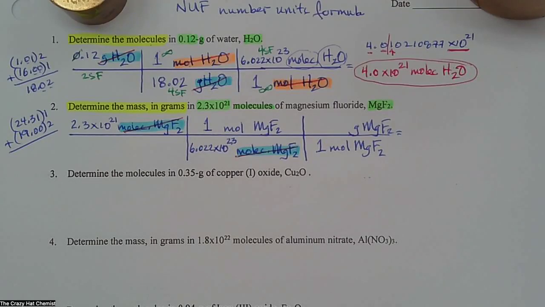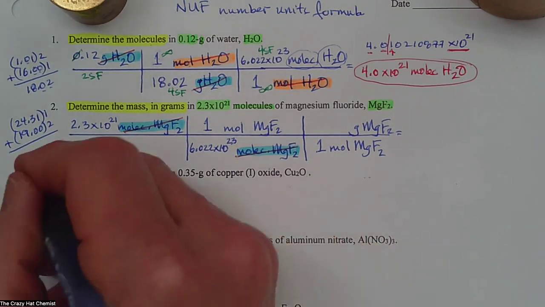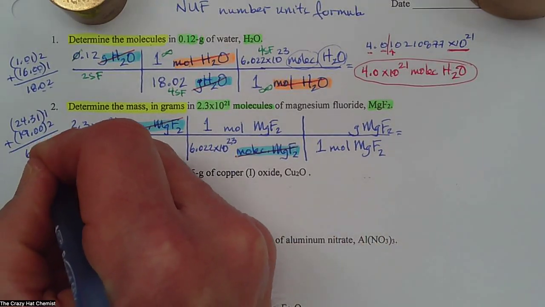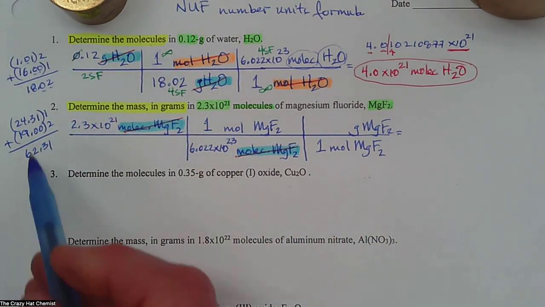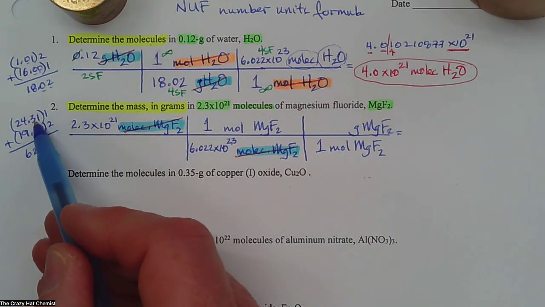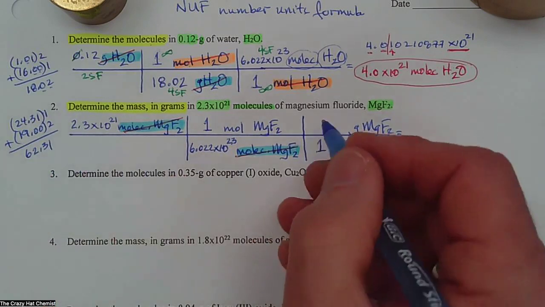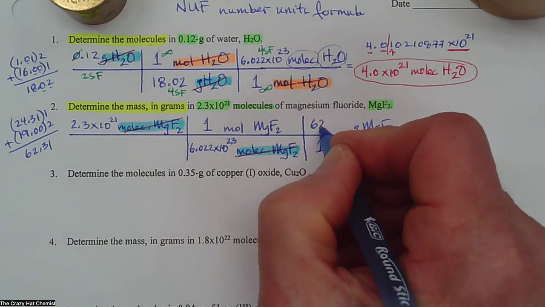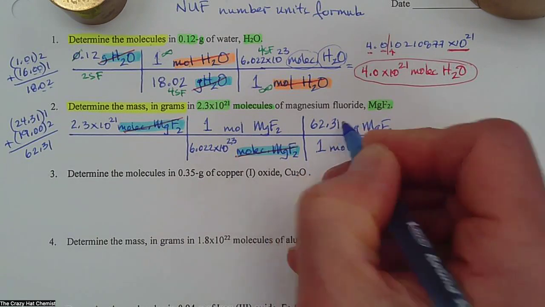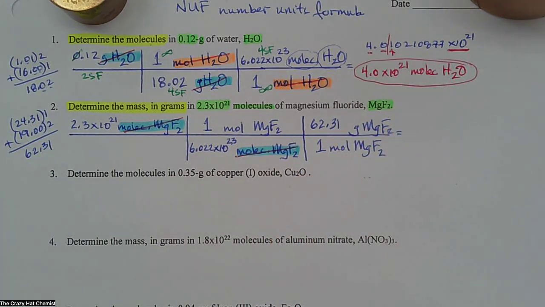So that's 24.31, plus 19.00 times 2, and I'm going to add them up and get 62.31. I need to round that to the fewest number of decimal places that were in my previous answers of these elements, and that's 2. So 62.31 is the molar mass for magnesium fluoride.